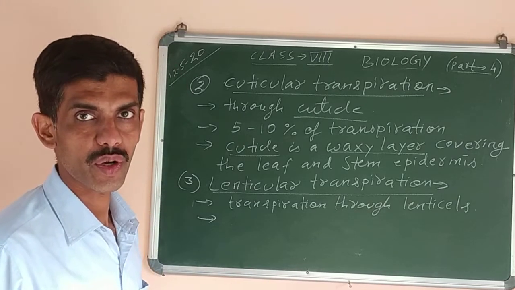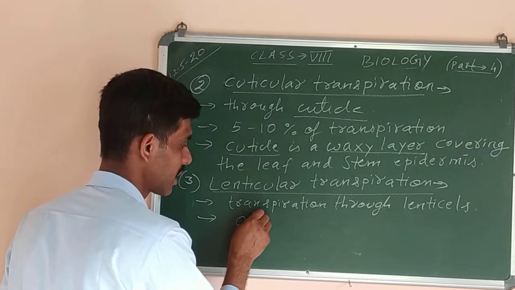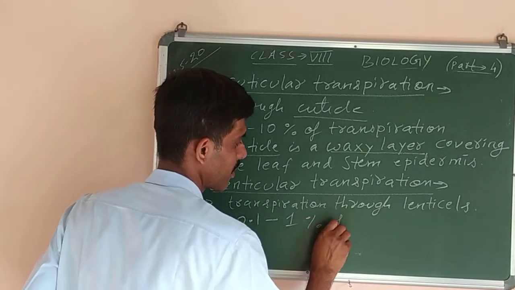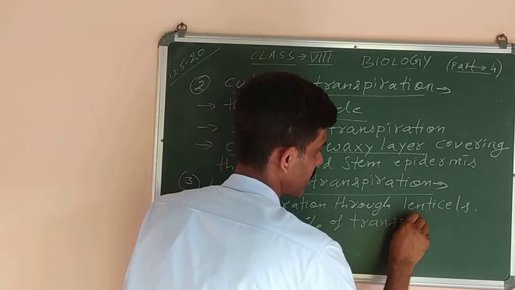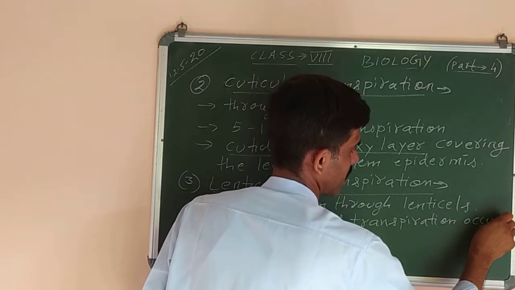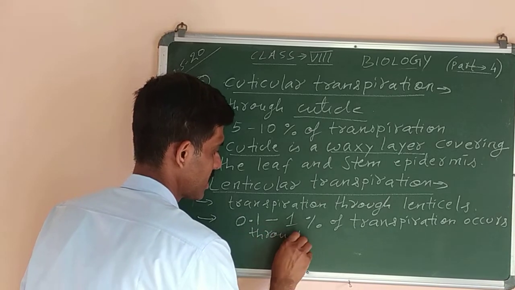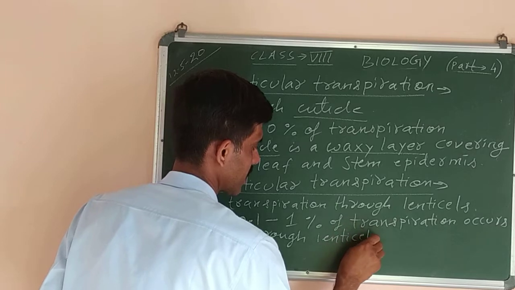Transpiration is 0.1 to 1%. Not even 1, I mean 1/10 to 1% of transpiration. 0.1 to 1% of transpiration occurs through lenticels.